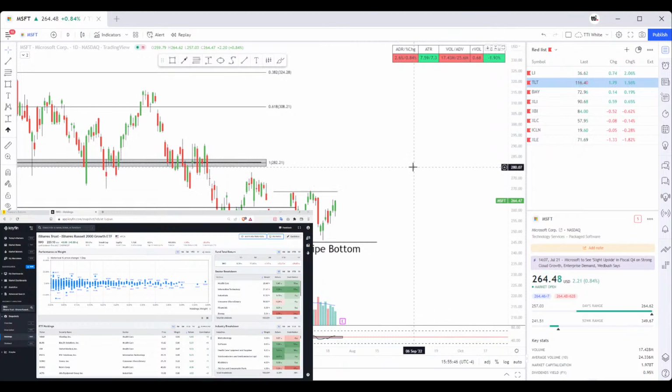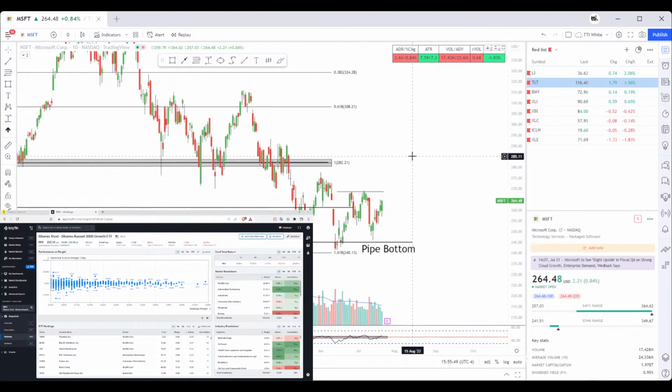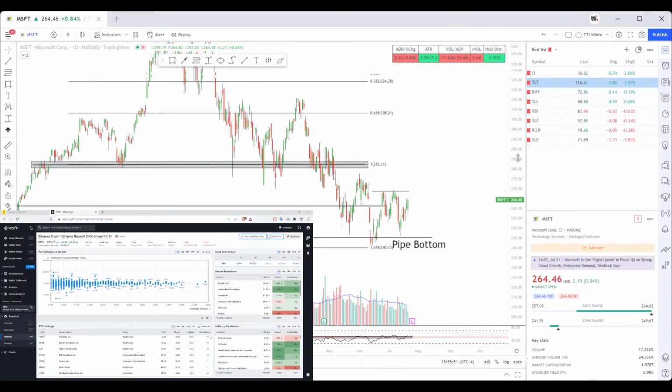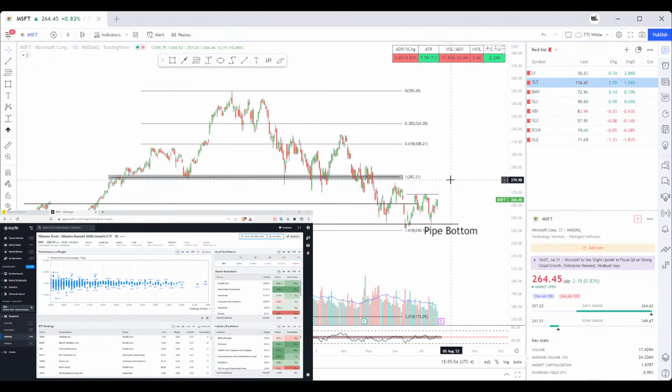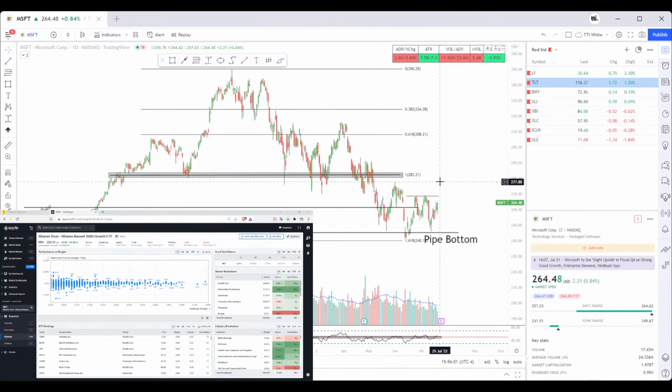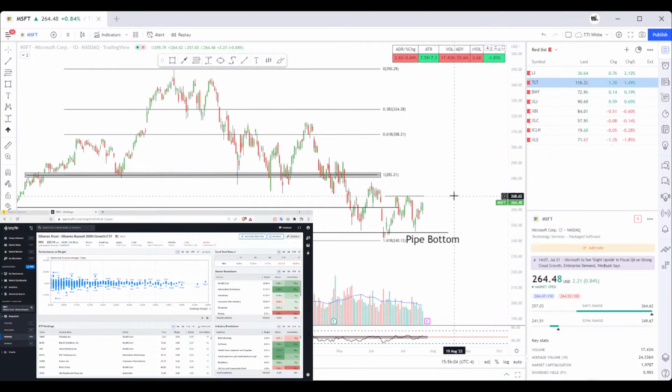Hano, I'm assuming you're going to be front running the 268, 269 resistance area. If you feel comfortable front running it, sure. The price targets make sense to me.